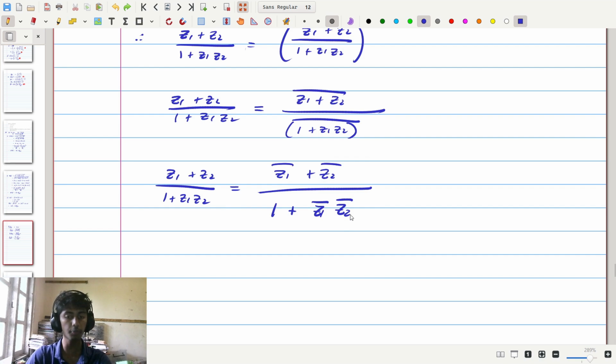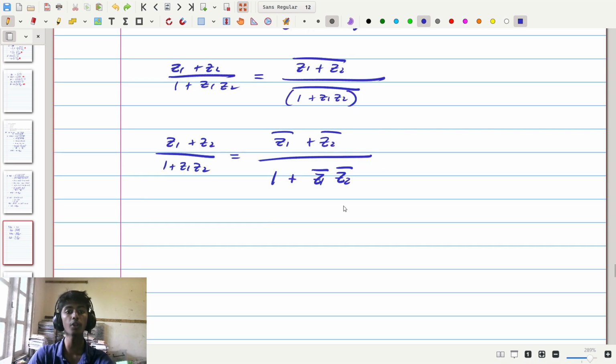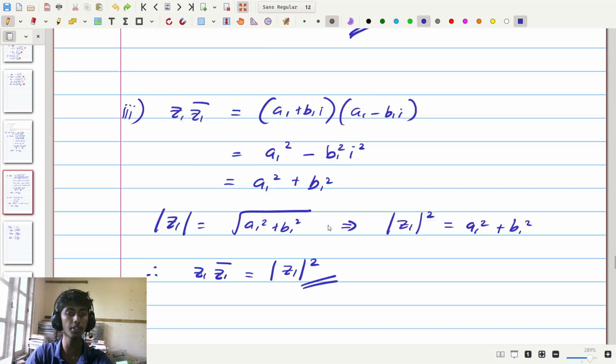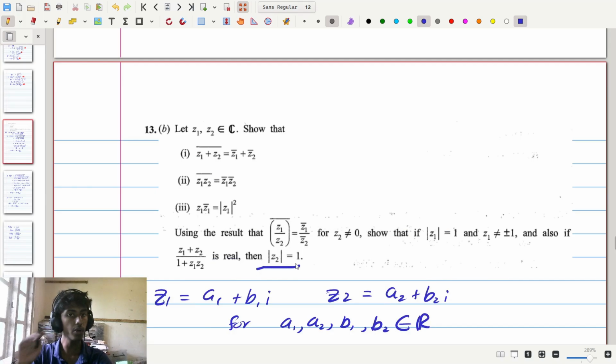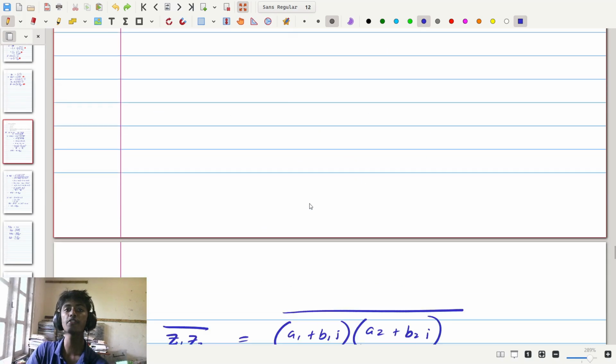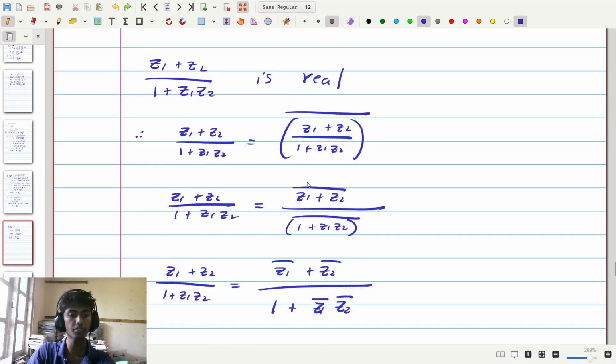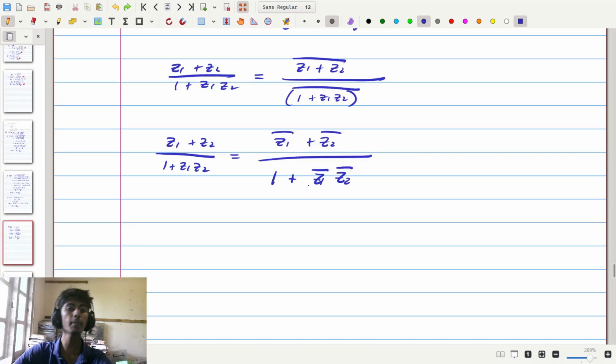Now, considering this expression, if we want to make this into an equation that we could potentially use in order to get the modulus of z2 as being equal to 1, as we were given in the question, we would probably want to get rid of the denominator. So let's get rid of the denominator by multiplying this side by 1 plus z1 z2 and multiplying this side by 1 plus z1 conjugate z2 conjugate.